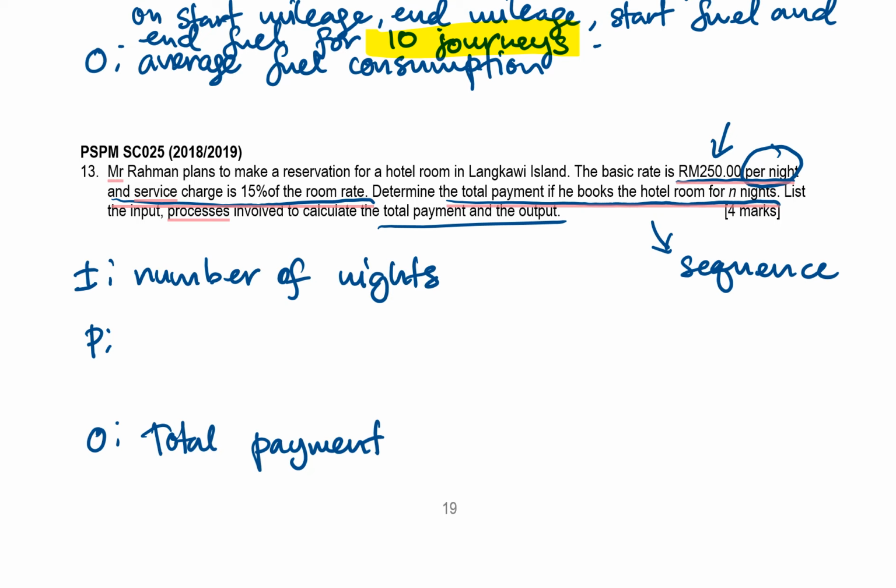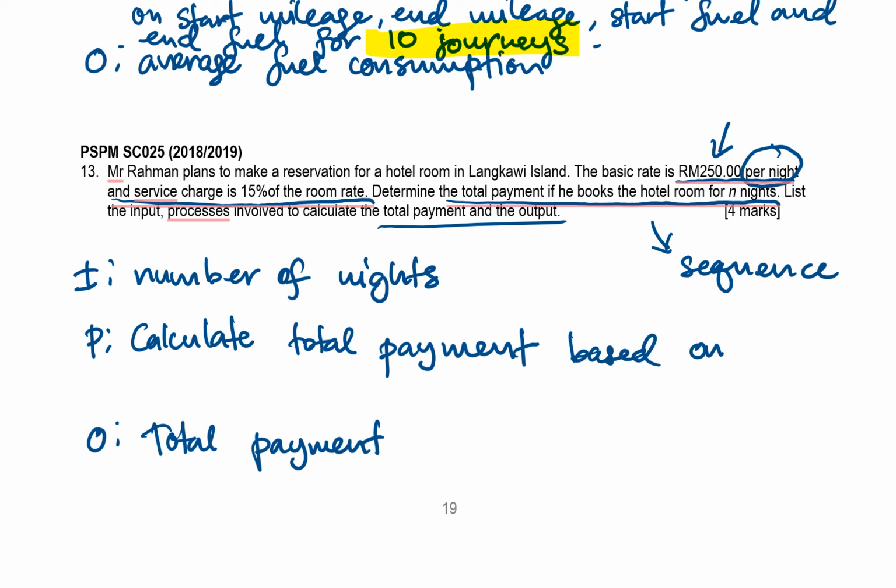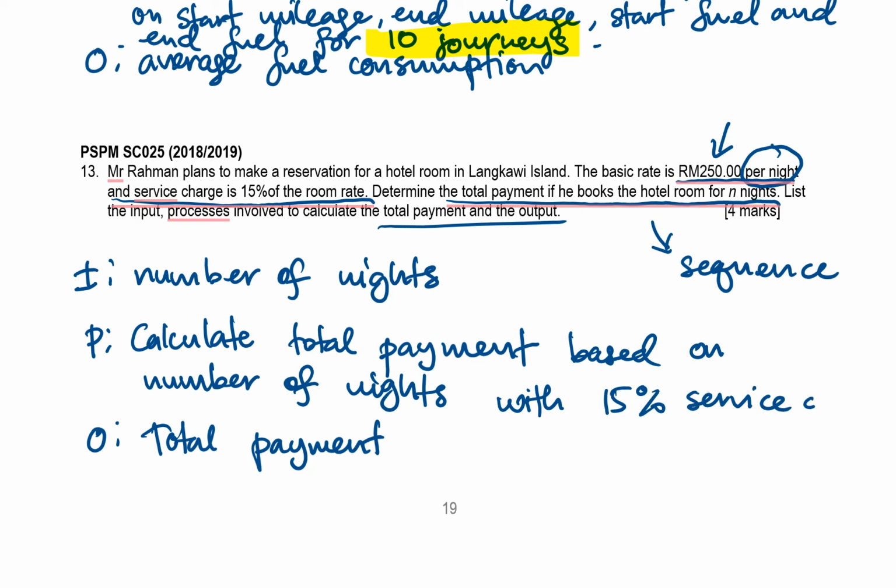Next. How about the process? Calculate total payment based on number of nights with 15% service charge.